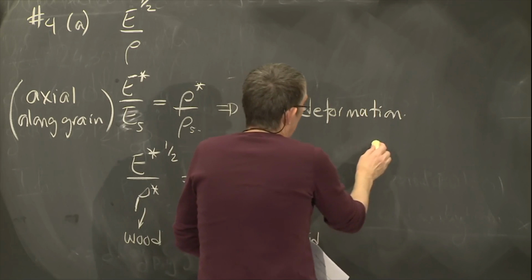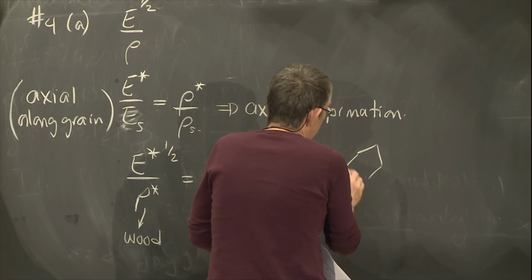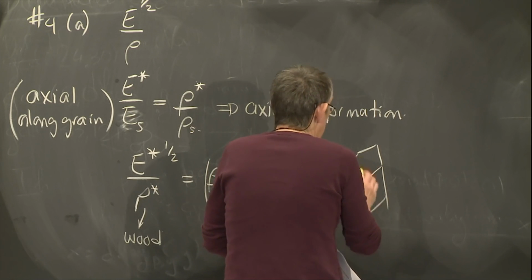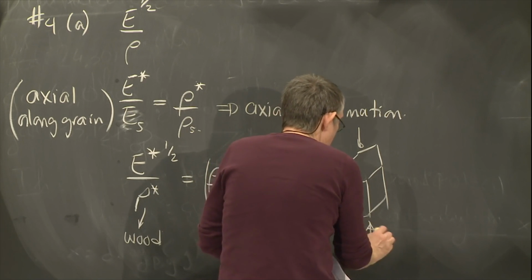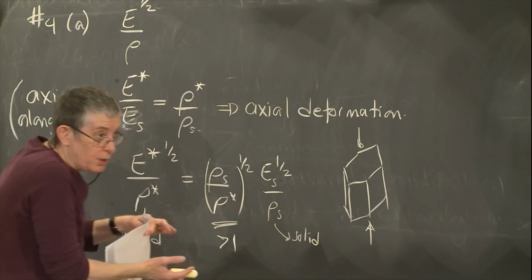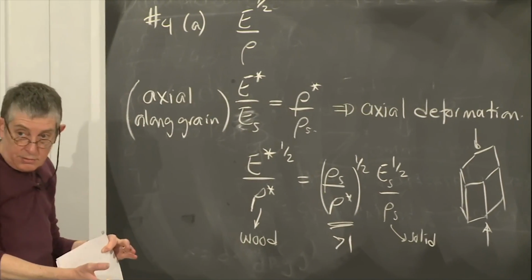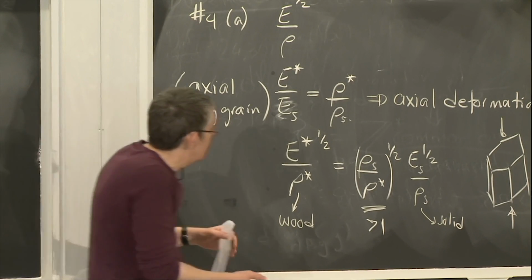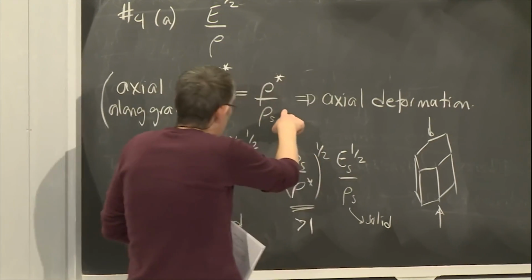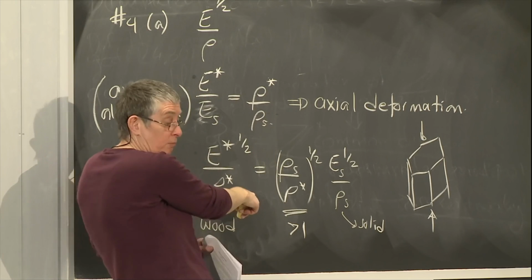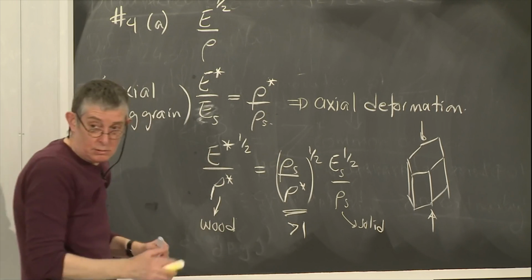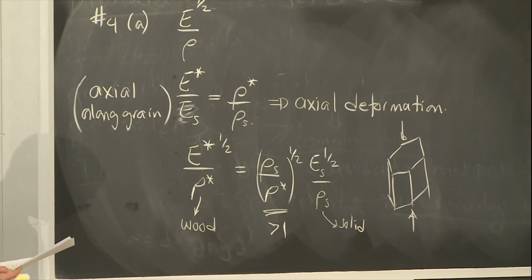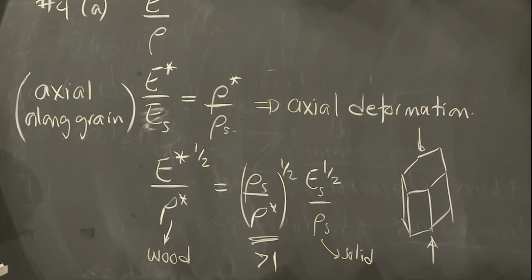If you think of the wood cells as being something like that, and you're loading it this way, the cells just axially shorten, and the modulus is just the volume fraction of solid times the modulus of the solid, and that's where this comes from. Okay, are we good with that? So that's why it's higher.